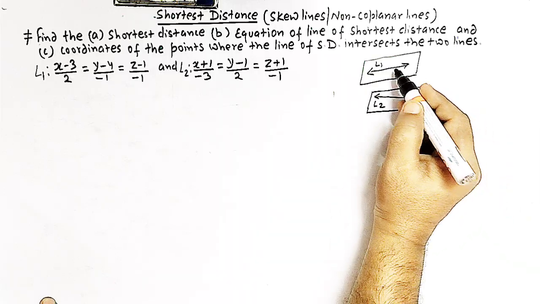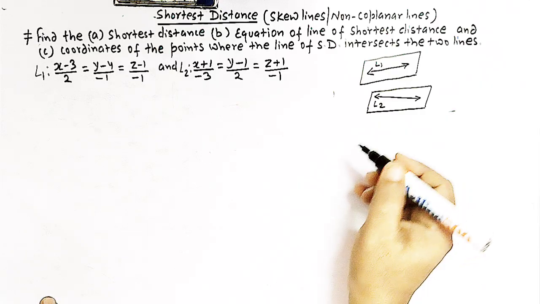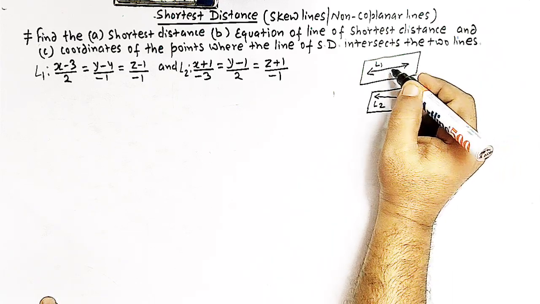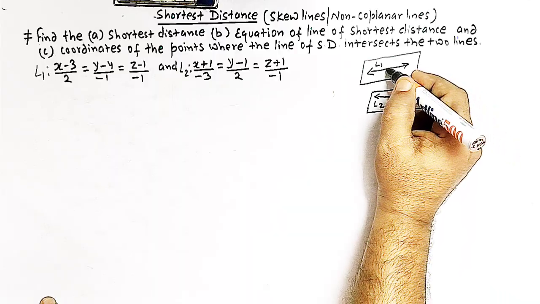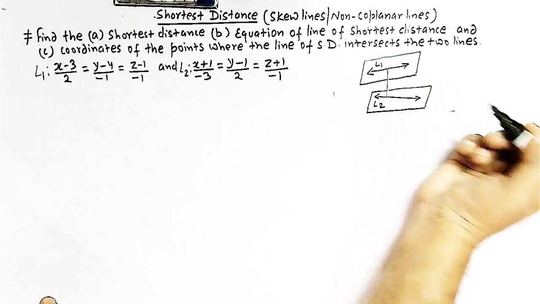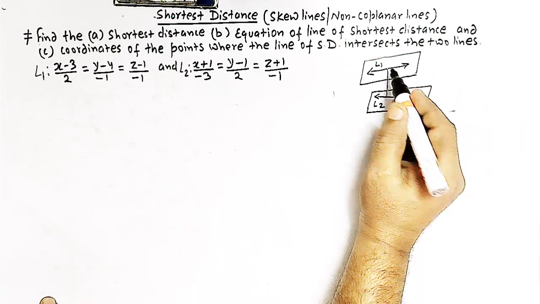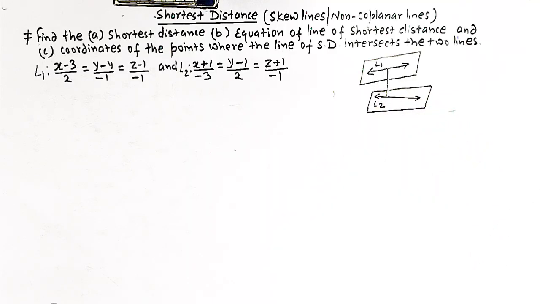So these two lines are non-coplanar lines, that is, the lines lie on different planes, and we have to find the shortest distance between them. Let us consider this distance as the shortest distance, which is perpendicular to both the lines L1 and L2.